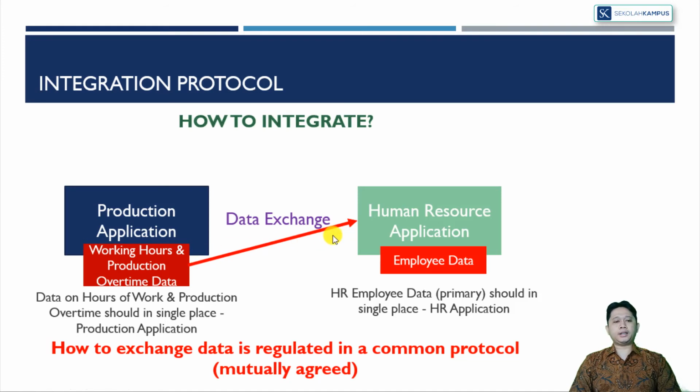They can exchange the data and the information, but we must keep in mind that the primary source is always the main application. The others only consume, or only ask and get the answer.